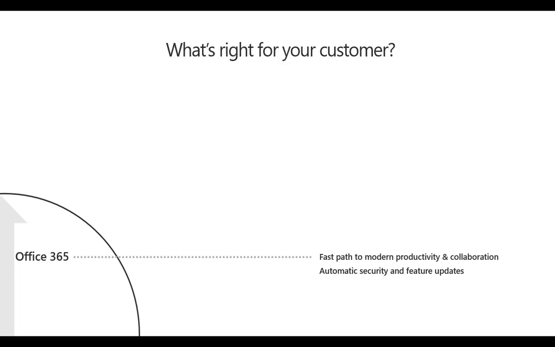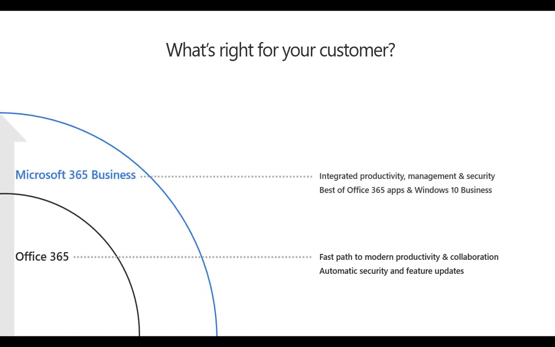So we start off with the traditional Office 365. That's going to give customers the ability to collaborate in Teams and to move their emails into the cloud. And then we can add the Microsoft 365 for Business. Now, this really works well for the SMB style customer, and builds on the productivity that we've got through Office 365.